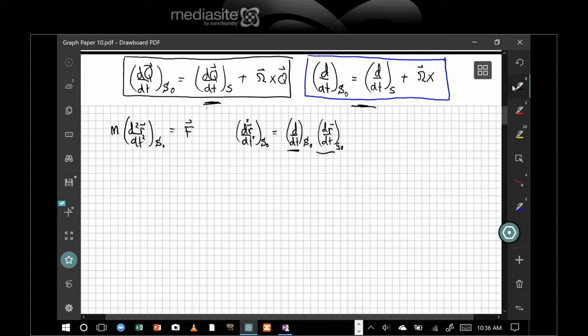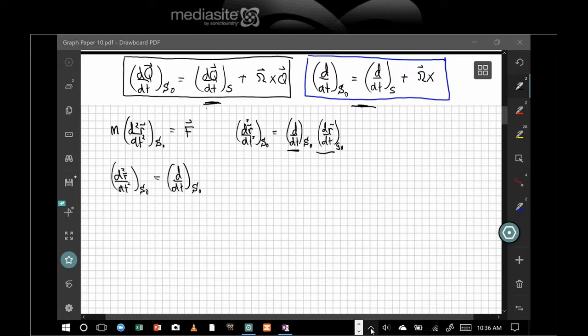Okay, that's what I have. Next, I want to use that to get F equals ma in my rotating reference frame. We're going to start off with mass times acceleration, but I want to rewrite that.